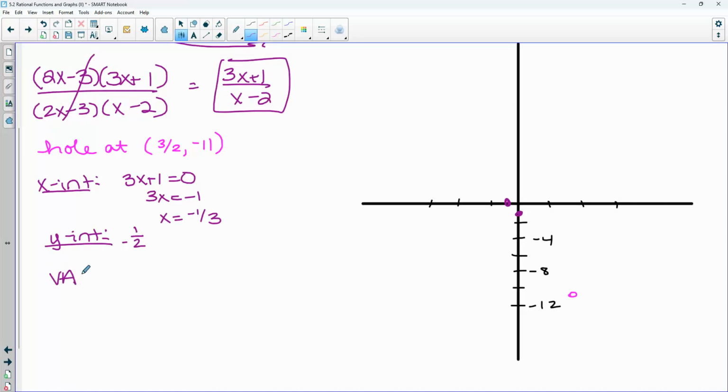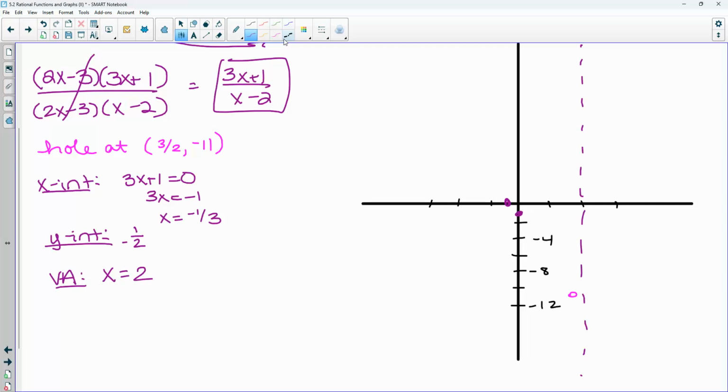Vertical asymptote. What makes the bottom 0? So that's x equals 2. Horizontal or oblique, we divide the highest powers. If x ends up on top, what does that mean? So oblique. If x ends up on the bottom, what does that mean? It's 0.